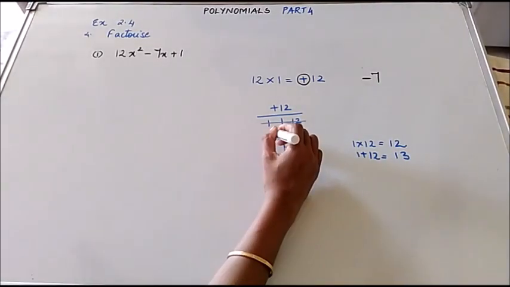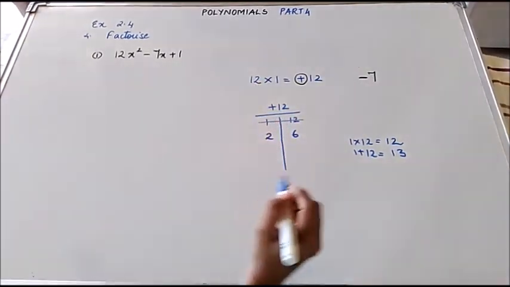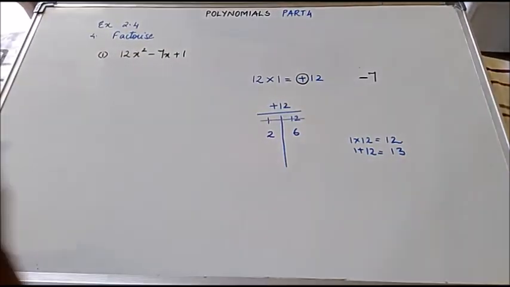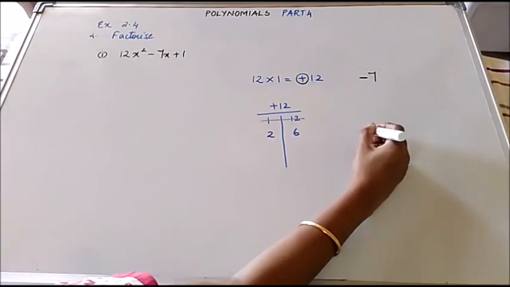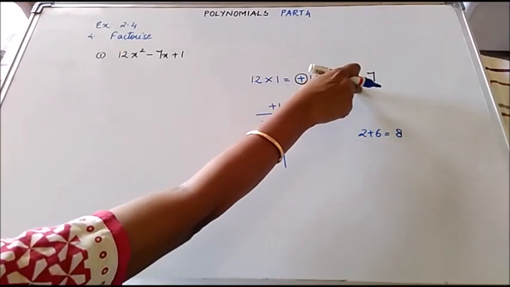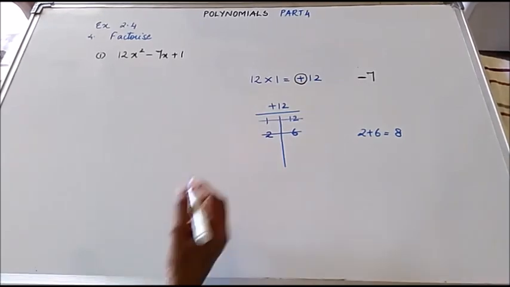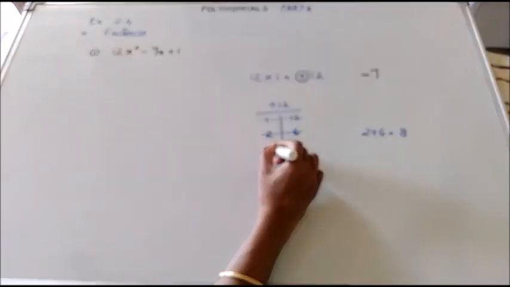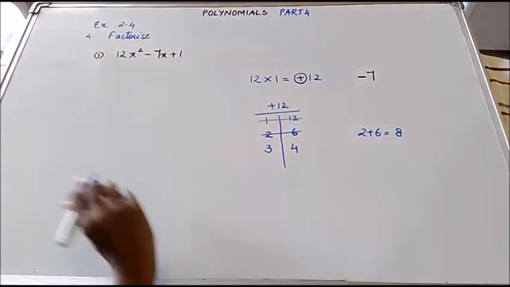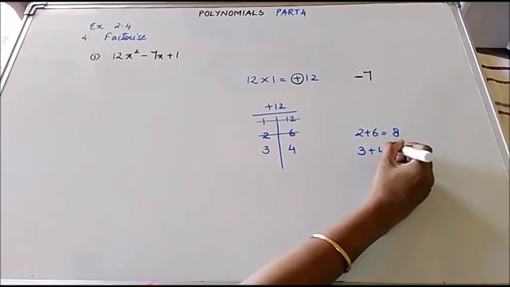Next factor, we can write 12 as 2 into 6. 2 into 6 gives me plus 12, but 2 plus 6 gives us 8, which is once again not equal to minus 7. So this factor also cannot be taken. Now let us see the next one. Next one is 3 into 4 will give you plus 12, and 3 plus 4 gives us 7.